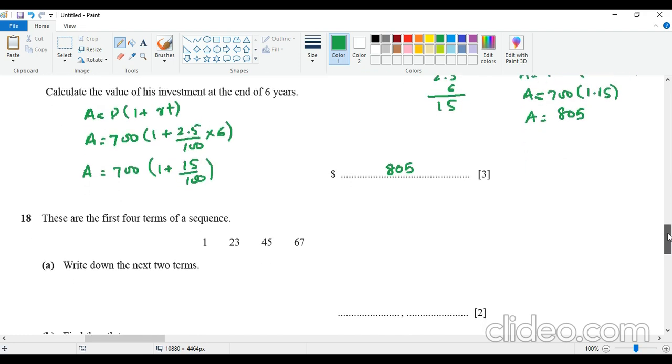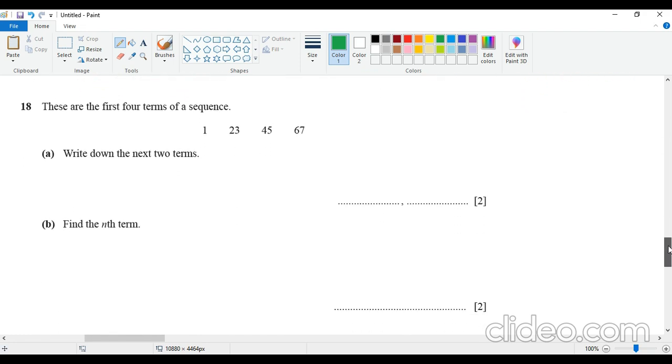Now moving on to question number 18. There are the first four terms of the sequence: 1, 23, 45, and 67. So first of all, find out the difference between these. Of course, 23 minus 1 is 22, and 45 minus 23 also gives us 22. 67 minus 45 also gives us 22.